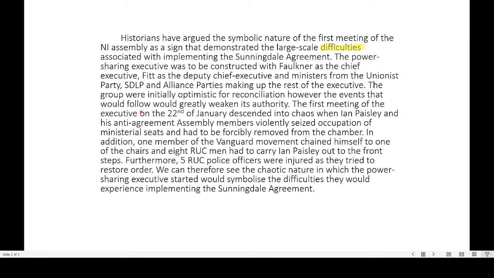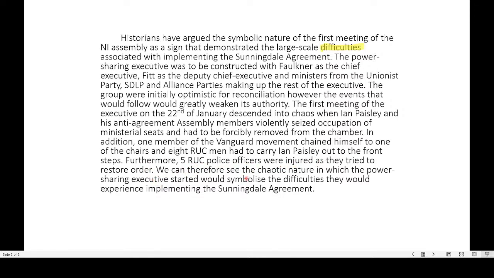The first meeting of the executive on the 22nd of January descended into chaos when Ian Paisley and his anti-agreement assembly members violently seized occupation of ministerial seats and had to be forcibly removed from the chamber. In addition, one member of the Vanguard movement chained himself to one of the chairs, and 8 RUC men had to carry Ian Paisley out to the front steps. Furthermore, 5 RUC police officers were injured as they tried to restore order.